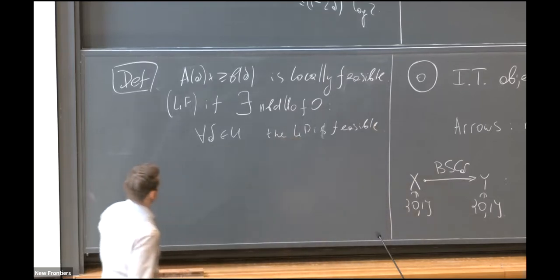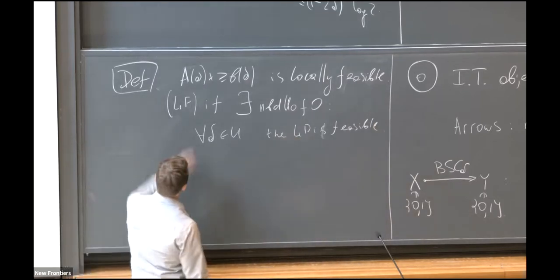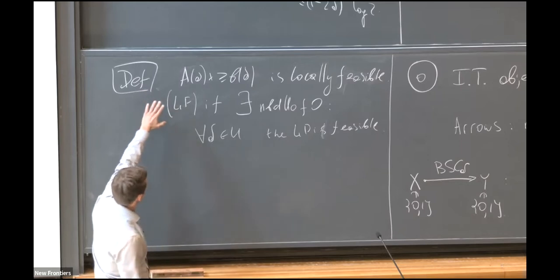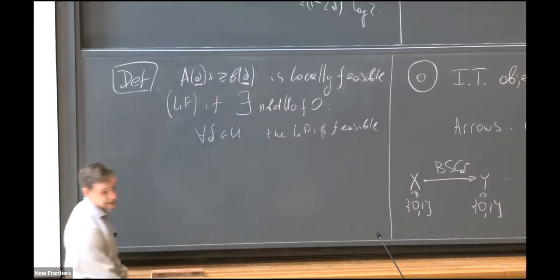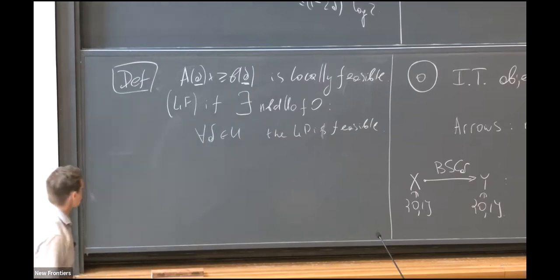Let delta be a vector actually, so it can have multiple entries.